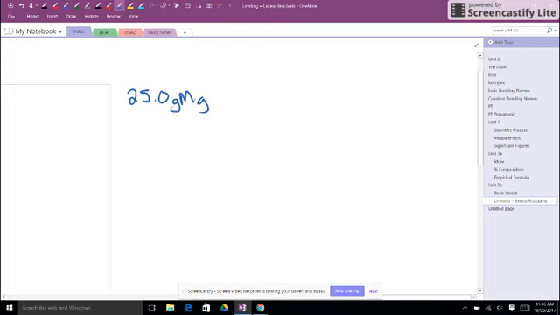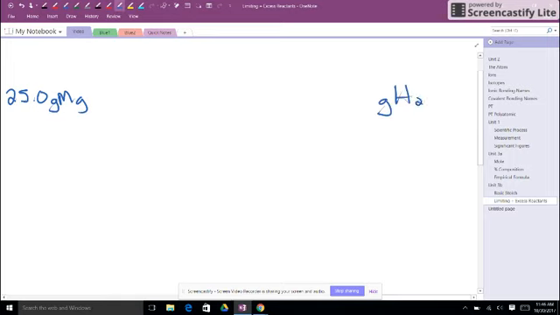So I have 25 grams of magnesium. Let's predict how many grams of hydrogen gas could be produced just from the magnesium. So we look at our periodic table, and magnesium was 24.31 grams per mole.